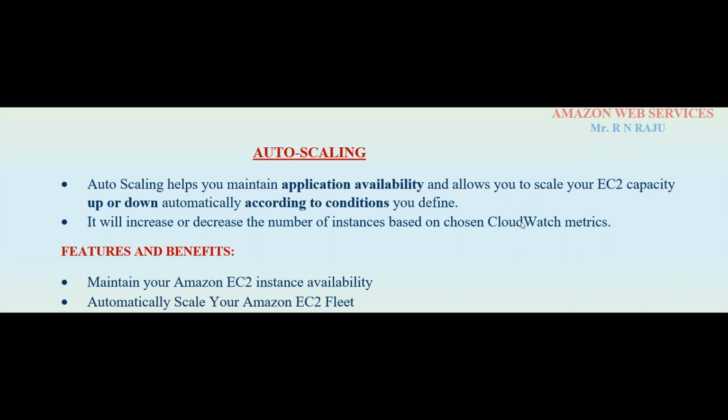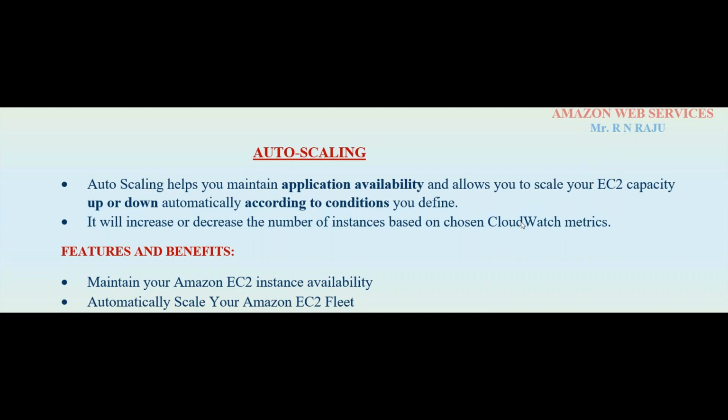For example, one Tomcat web server is running, and I want to increase that Tomcat application when the server load average is more than 40%. It will automatically increase or decrease the number of instances based on CloudWatch metrics.